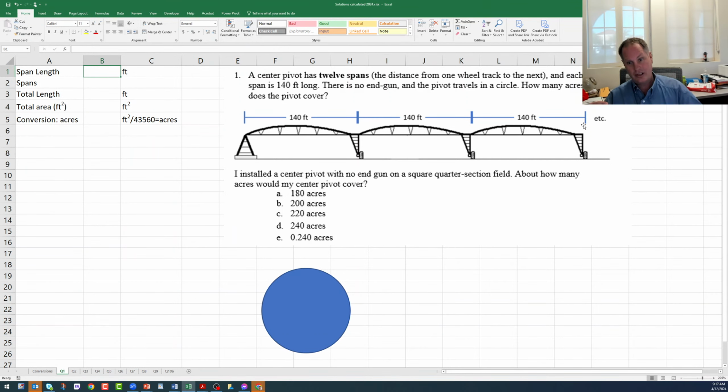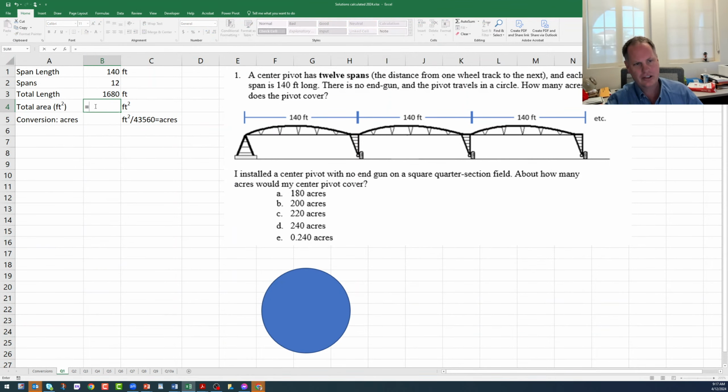Then it's going to spin around in a circle and cover the radius around the entire circle track here. So the span length is 140 feet. There are 12 spans. To get the total length of the radius, I'm just going to do the span length times the number of spans, and that gives me 1,680 feet for the radius.